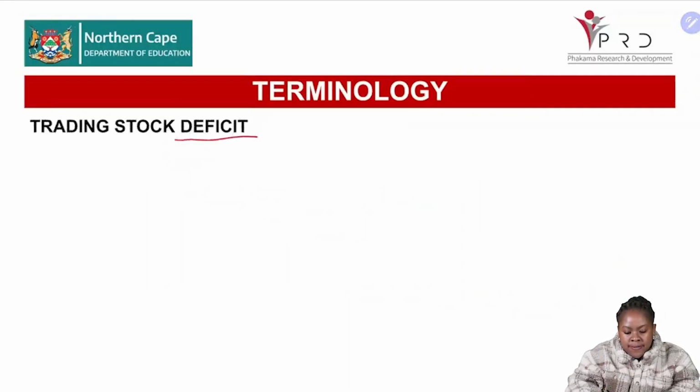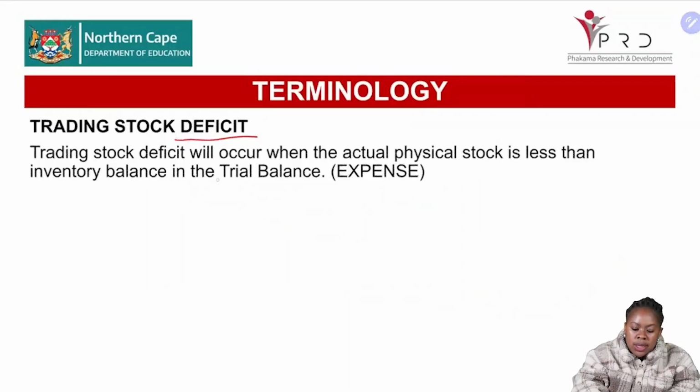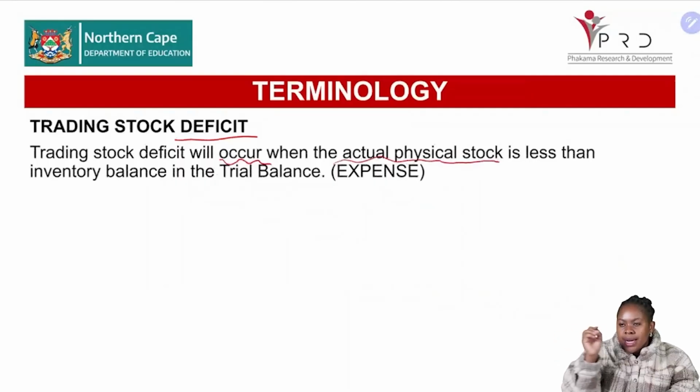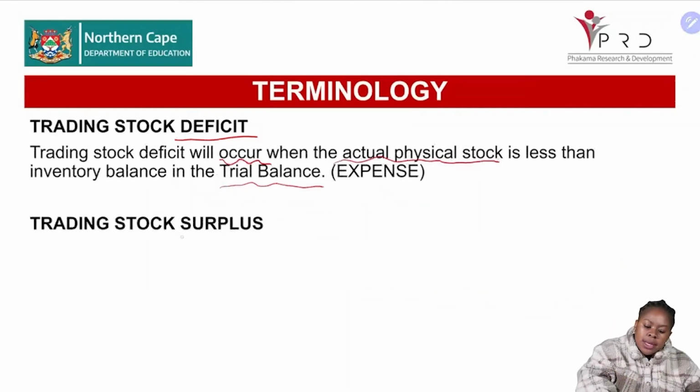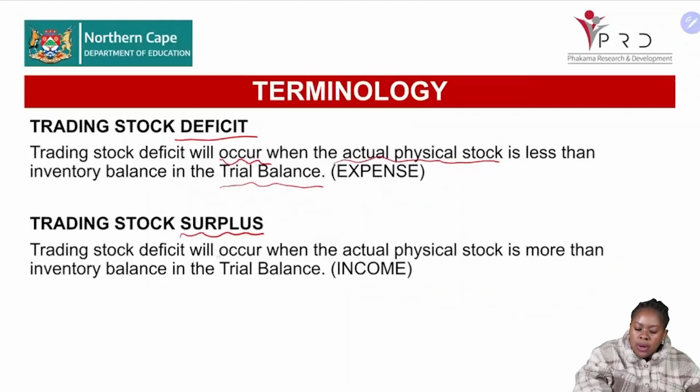Now, trading stock deficit occurs when the actual physical stock, the one where you actually counted, is less than the inventory in the trial balance. That will be an expense. Then, your trading stock surplus refers to when the actual physical stock is more than the inventory trial balance.